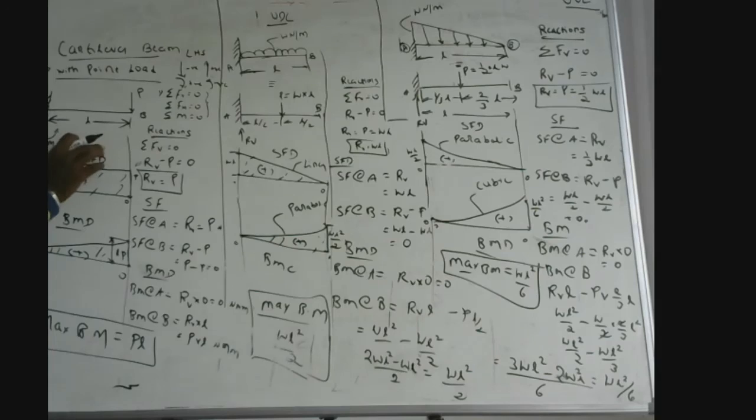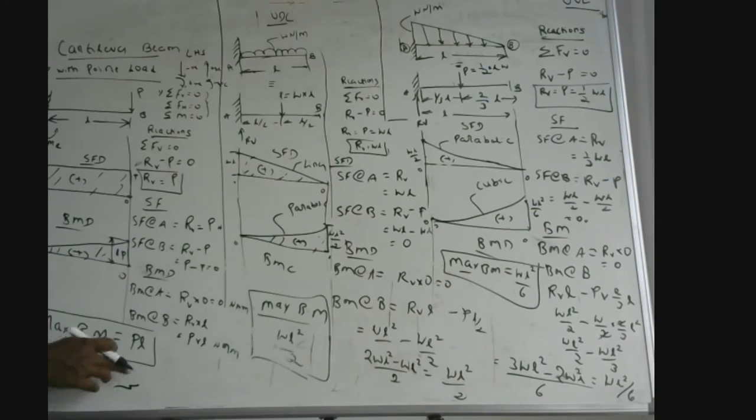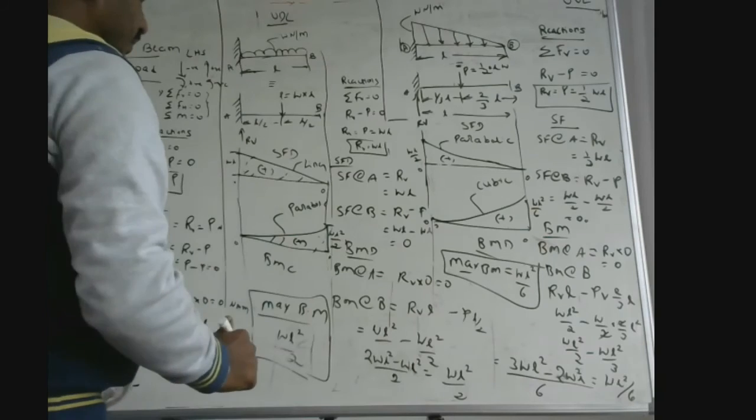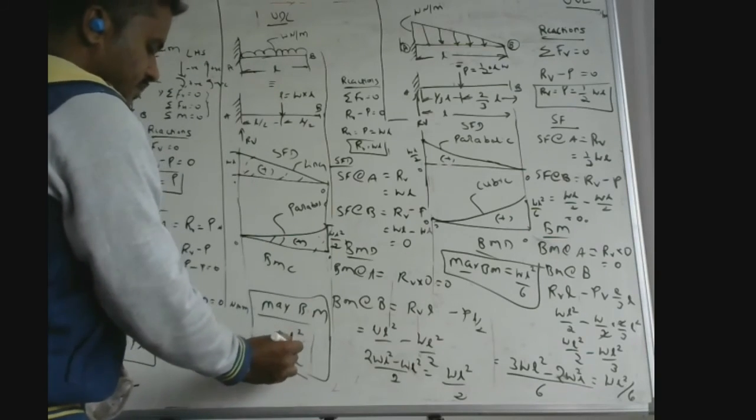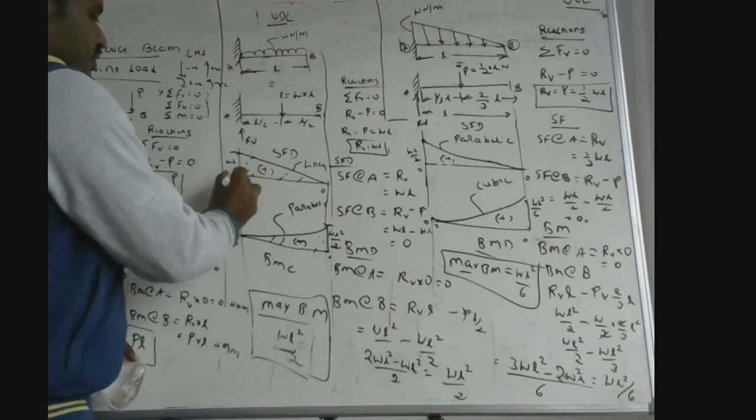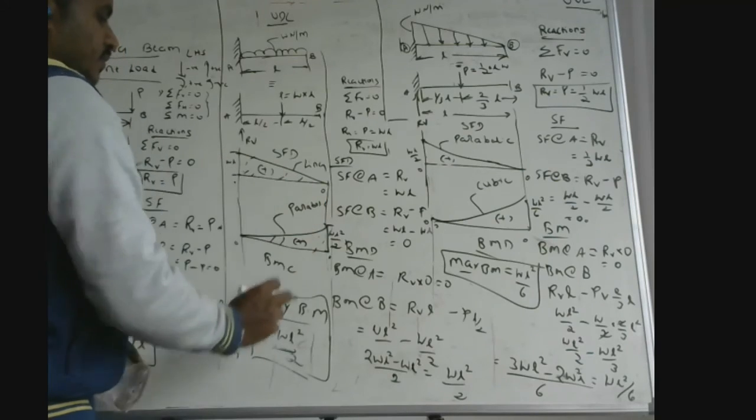When a point load comes on the cantilever beam, the variation of the shear force is constant and the maximum bending moment equation is PL. When a UDL comes on the cantilever beam, the maximum bending moment is WL squared by 2, the SFD is linear and the BMD is parabolic.